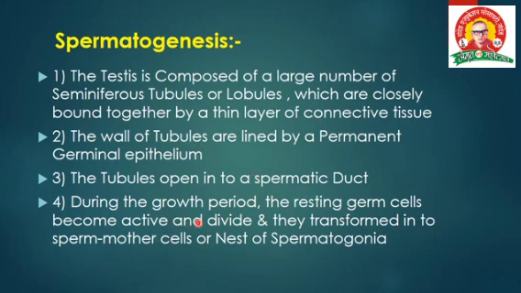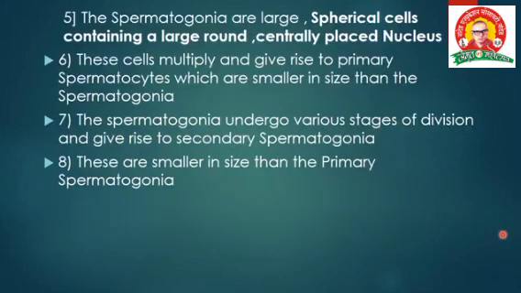During this growth period, the process is going on, the resting germ cells become active and divide, transforming into the sperm mother cell or nest of spermatogonia. The spermatogonia are large spherical cells containing a round, centrally placed nucleus.